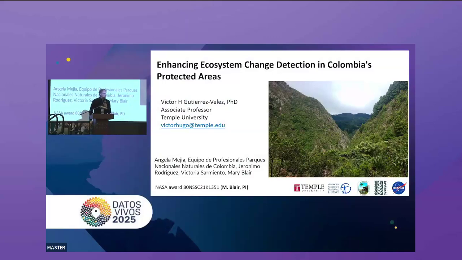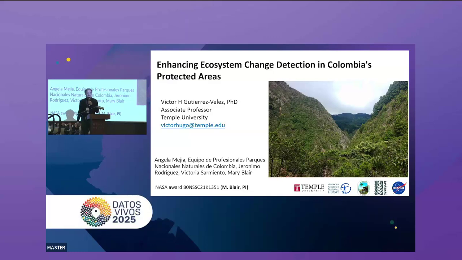I am Victor Gutierrez, and I am Associate Professor in the Department of Geography at Temple University. I am going to show you the results of a collaboration that is ongoing with the National Park System of Colombia, specifically about how we can enhance the capacity for ecosystem change detection.